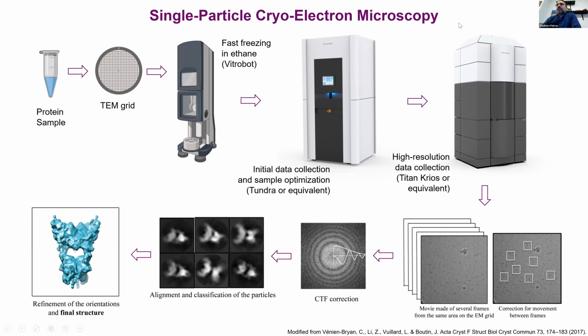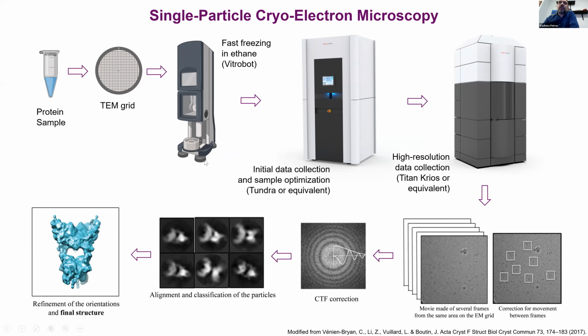So I'm going to start with a very brief overview of single particle cryo-EM. I know that most of you are very familiar with the method. Very briefly, the idea is we have our protein sample that is purified through different techniques, and we apply that to a cryo-EM grid.